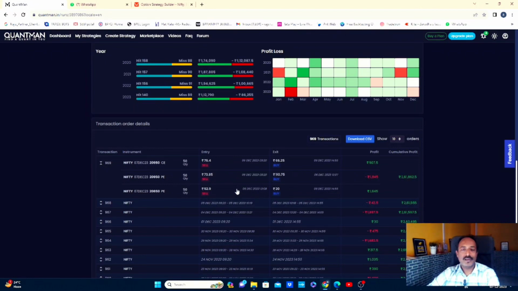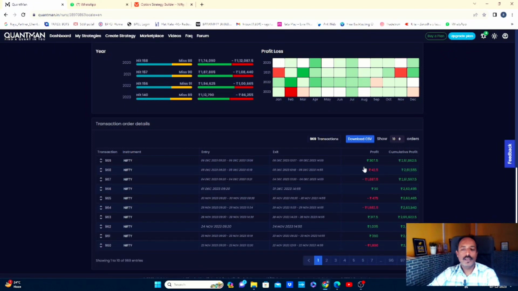Yesterday, all of a sudden, it came down and the stop loss was hit, and again it has sold at 52 rupees, got squared off. See, that is the advantage of adjustment. So even though this loss is recovered here, and again the call option is in profit. So ultimately, yesterday it has closed in 300 rupees profit, even though the market moved violently yesterday. So it made a profit.